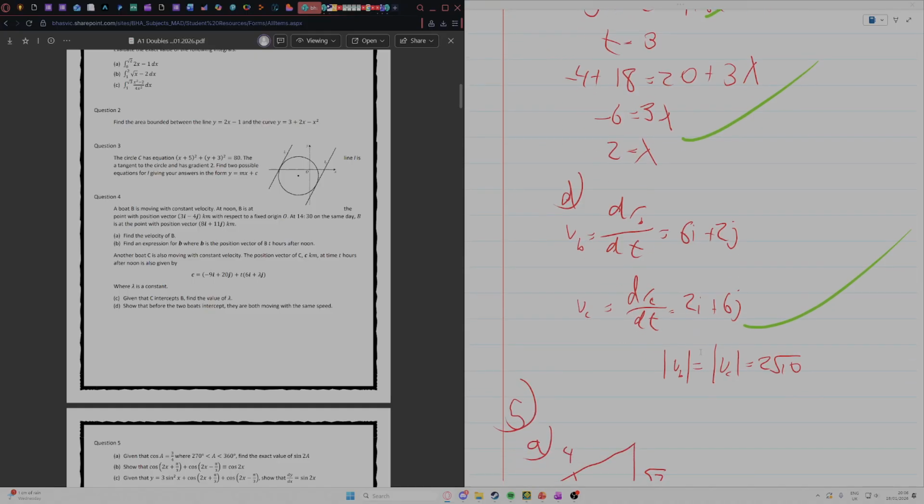Then I found the modulus of both of them, and they both equal each other. There's no direction involved with speed, so we're just looking at the magnitude.